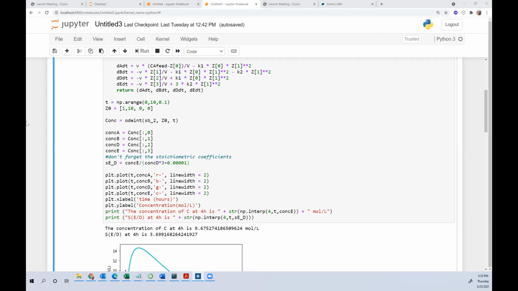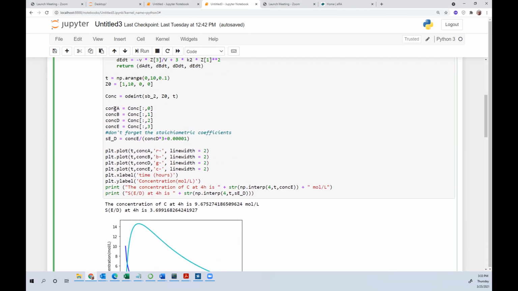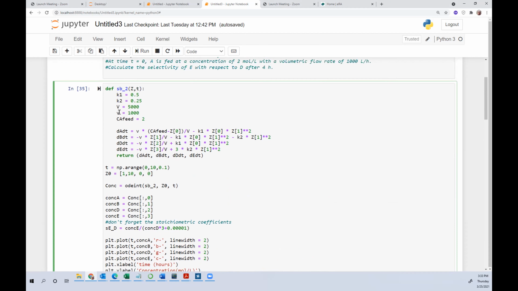I put that in there to remind you all that when you calculate selectivity, the stoichiometric coefficient should be taken into account. If you were doing number of moles, it would have been taken into account already, right? If you calculated the number of moles of A, B, C, D, it would already have taken into account the 3.